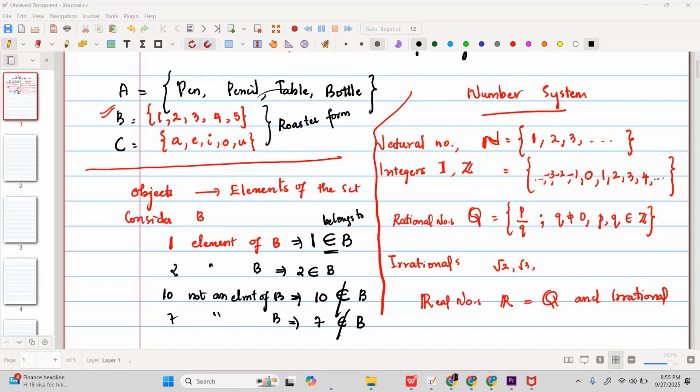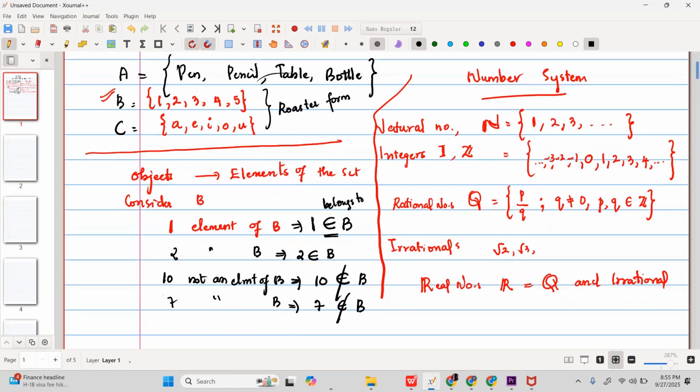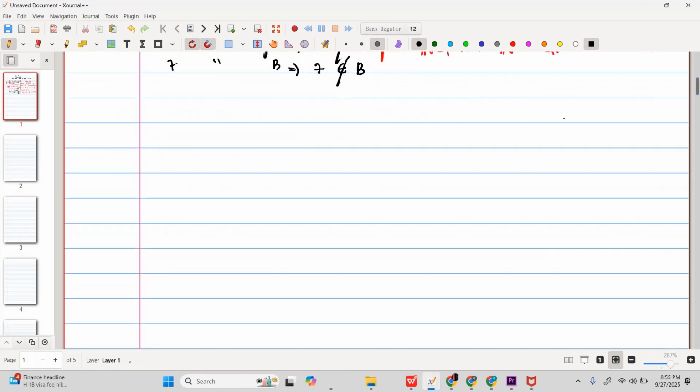So I have already explained the roster form, and we can move to the next form, which is the set builder form. Builder means we have to build the set like a story.